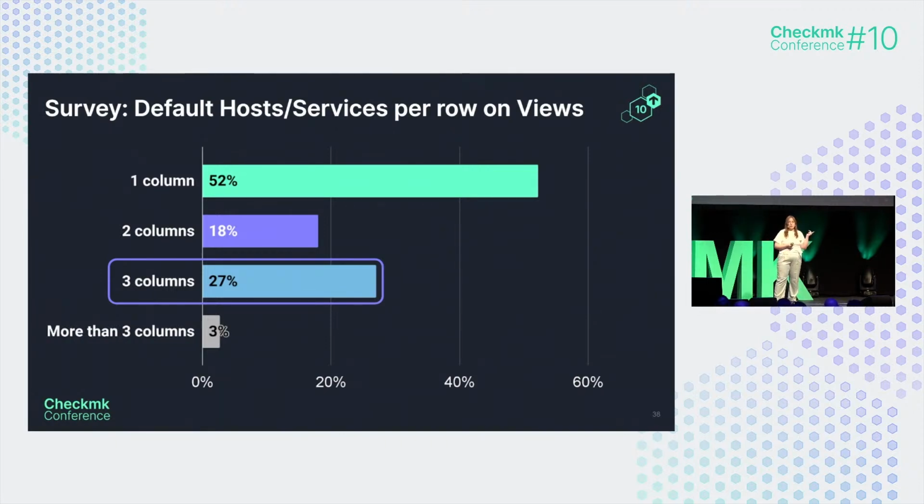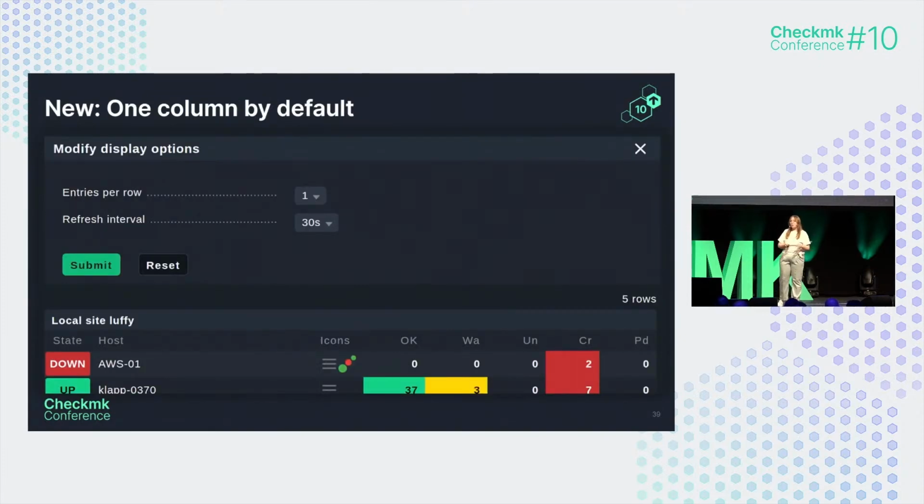But if you look at the results of that survey, you'll see that about 73% of the respondents changed this default. So this can't be a very smart default, right? Long story short, we decided to change the default, so it's now 1 entry per row for every new installation. Yay!